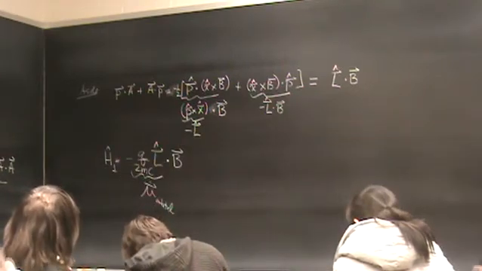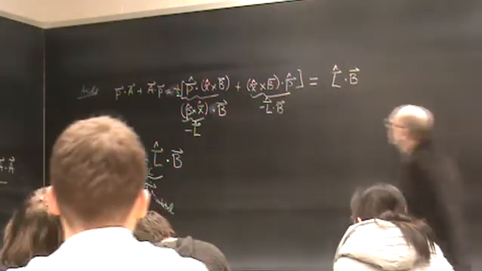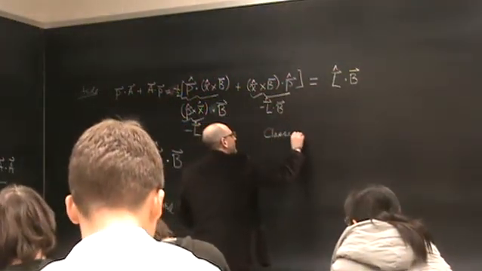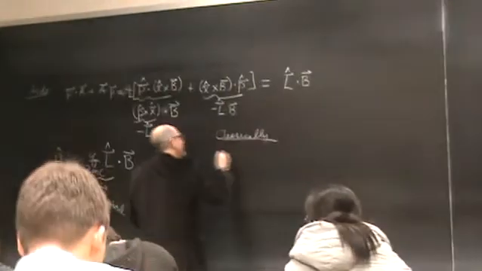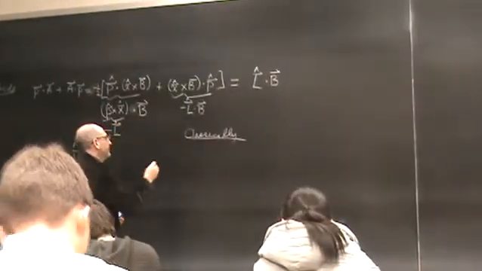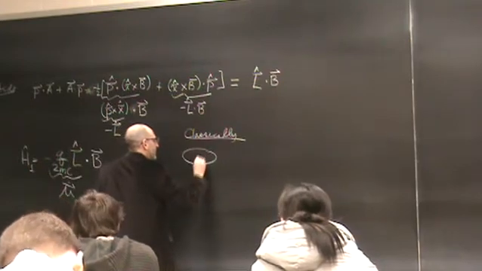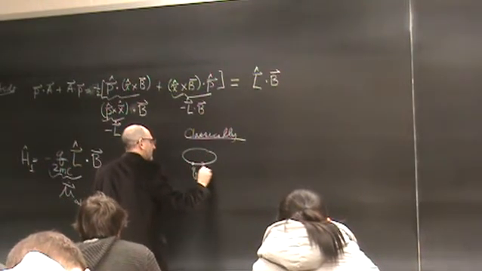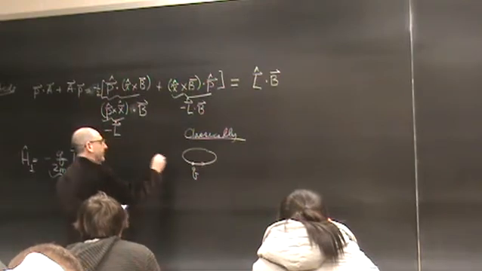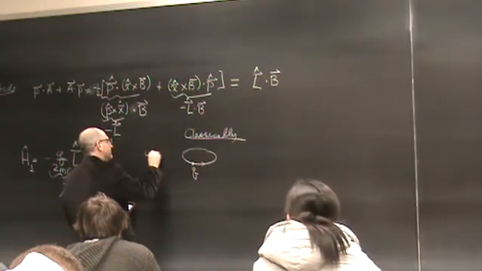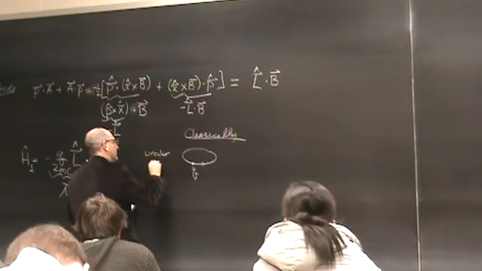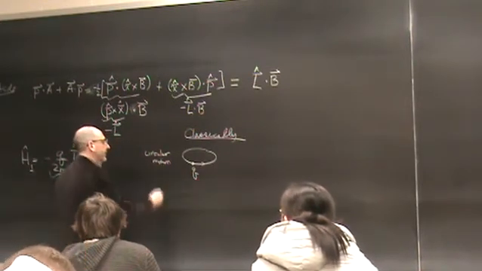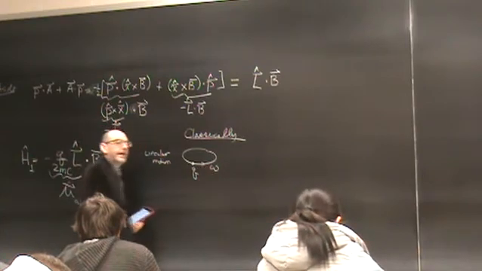How do I see that? Well, let's just consider classically for a moment. Suppose I have a charge going around in a circle. So this is circular motion, periodically, with some angular frequency omega.